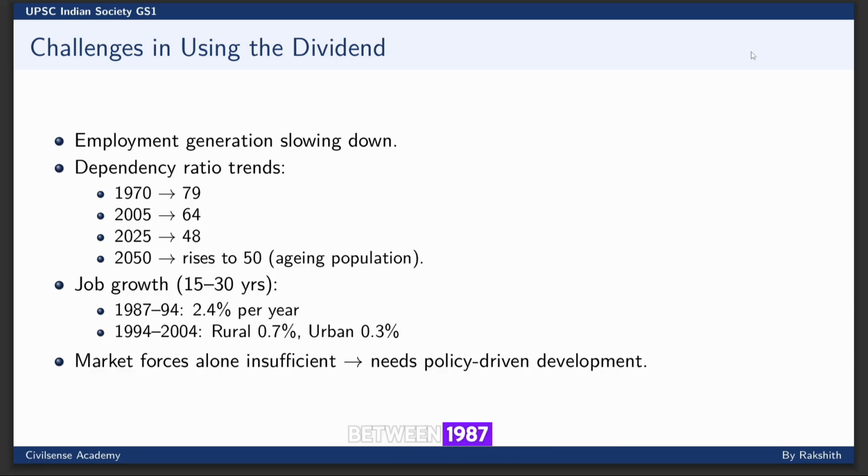Between 1987 and 1994, youth employment was growing at about 2.4% annually, but after 1994, it dropped sharply to 0.7% in rural areas and just 0.3% in urban areas. This means we have young people but not enough quality jobs. So market forces alone cannot solve this problem. Planned state intervention in education, skilling, and employment is absolutely necessary.